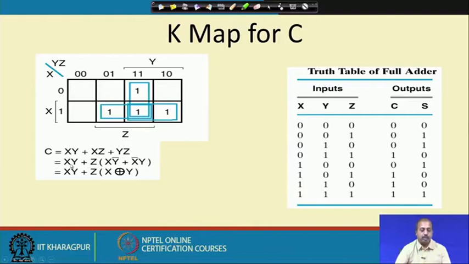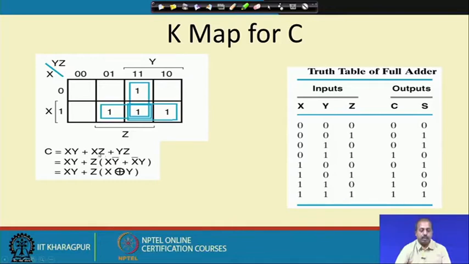So, it can be written as x y plus z into x plus y, and this x plus y can be written in XOR form also, because if x and y both are equal to 1, then the x y term takes care of the C output. But if only one of them is equal to 1, then z being equal to 1, the output should be equal to 1.